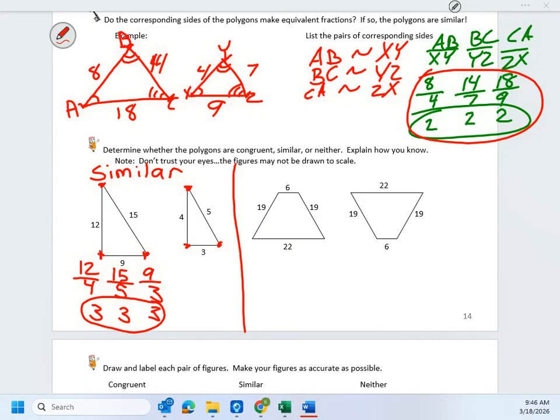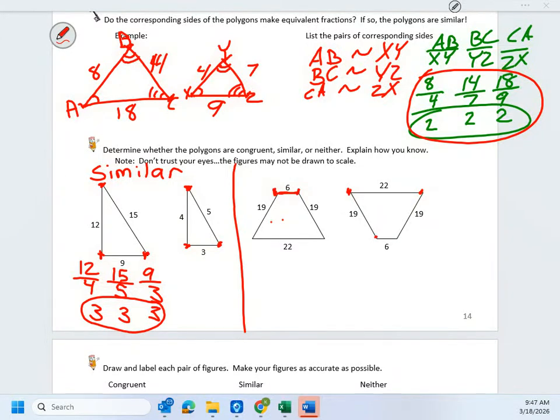Let's look at our next one. Look at how my shape is flipped. You have to take that into consideration when we're matching up corresponding sides. Because I see this short side here, and then I see a long side on top. Are they corresponding? We need to flip that shape so we can match up corresponding sides, right? Looking at it this way, this does not correspond with this.